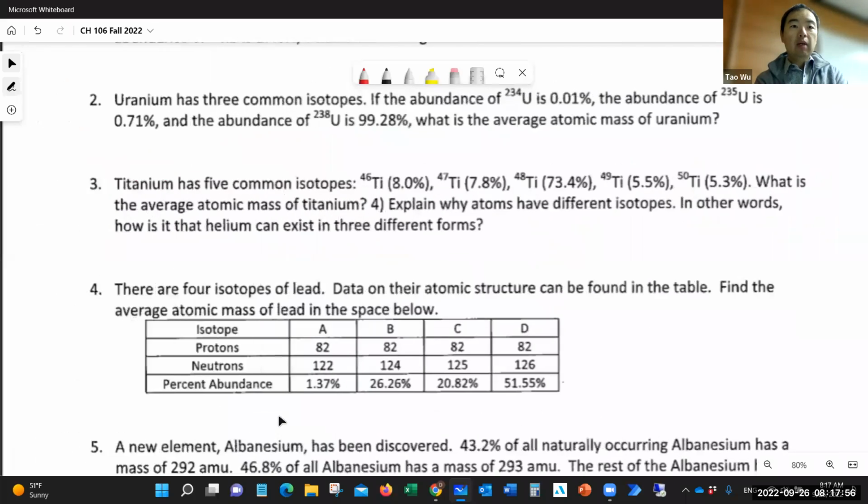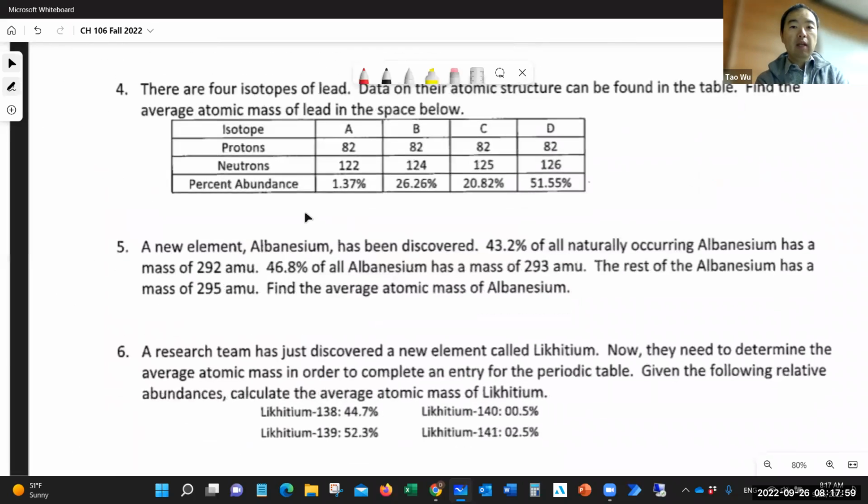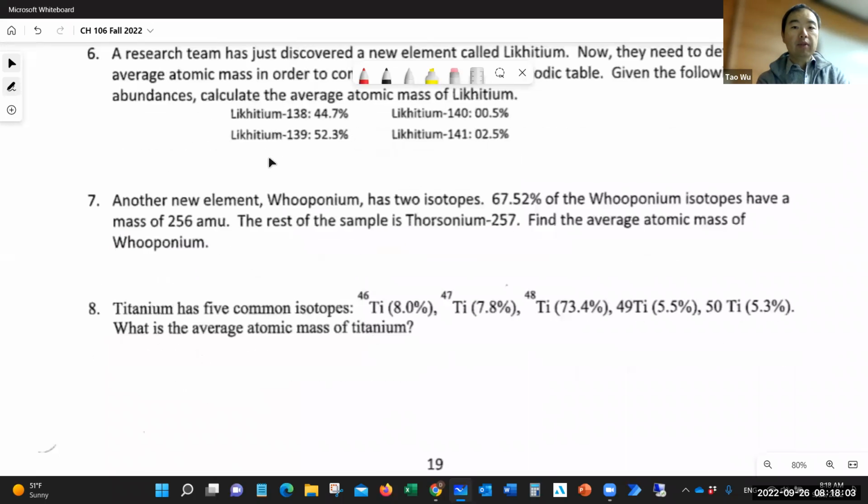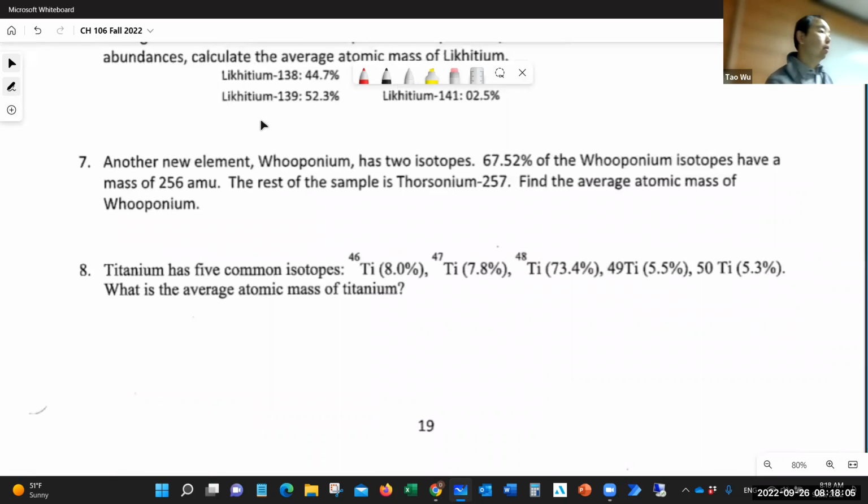Which is the average atomic mass. So here let's look at question number 8. Remember, do you still recall when we did the lab how to write average atomic mass? Average atomic mass really depends on how many isotopes this element has.